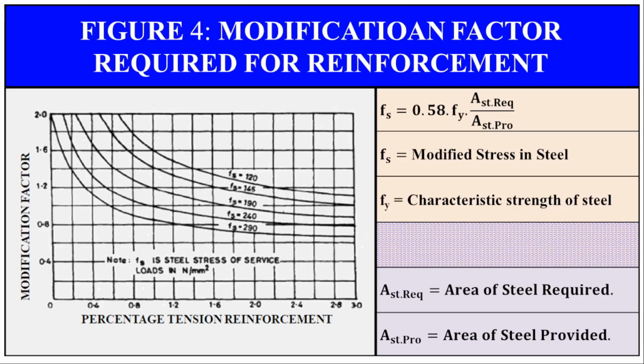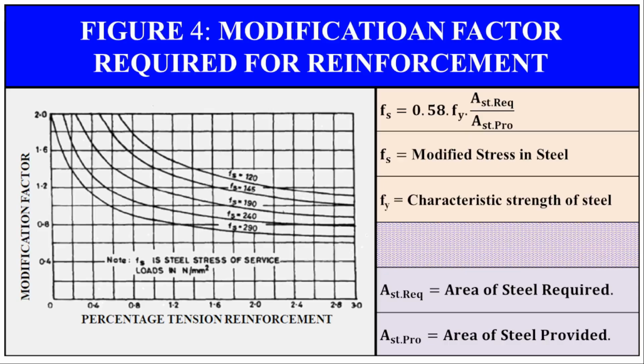A series of curved lines traverse the graph, each representing a different service stress in steel under service loads, denoted as Fs, and measured in newtons per square millimeter. The specific values of Fs depicted are 120, 145, 190, 240, and 290 newtons per square millimeter.